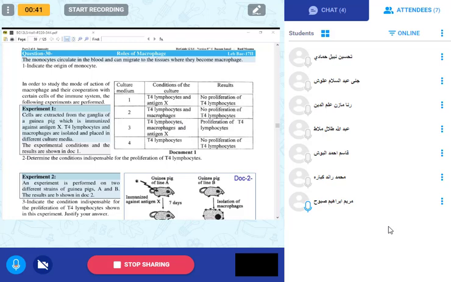Okay, فإذن determine the condition indispensable, يعني important or required, for the proliferation of T4 lymphocytes. What are the required conditions for the T lymphocytes to proliferate, to develop, to multiply? What conditions do they need according to the experiments?